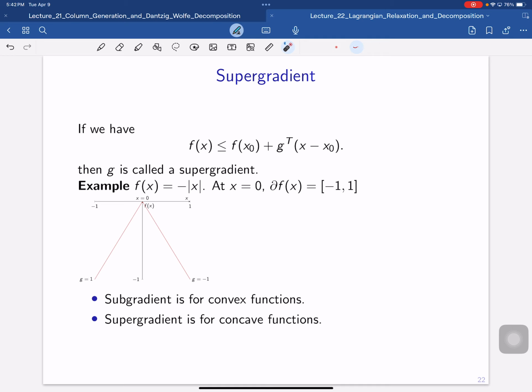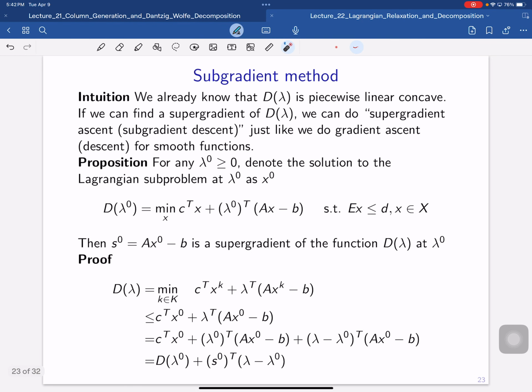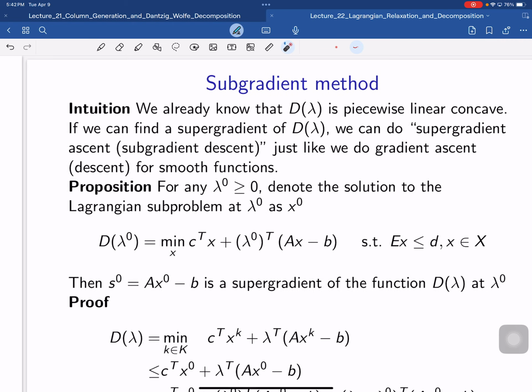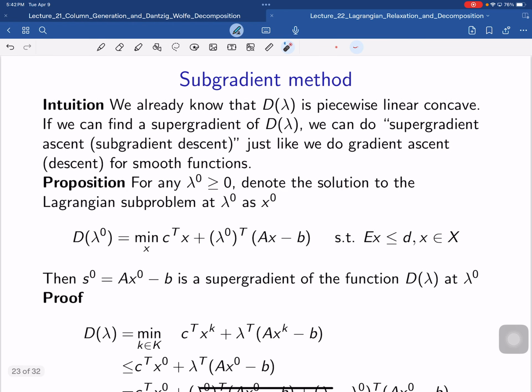The takeaway here is that subgradients are usually for convex functions and supergradients are for concave functions. And we know that d lambda is a concave function, therefore it must have some supergradient. Then what we need to do is find out, at a given point lambda, what is the supergradient of d lambda.